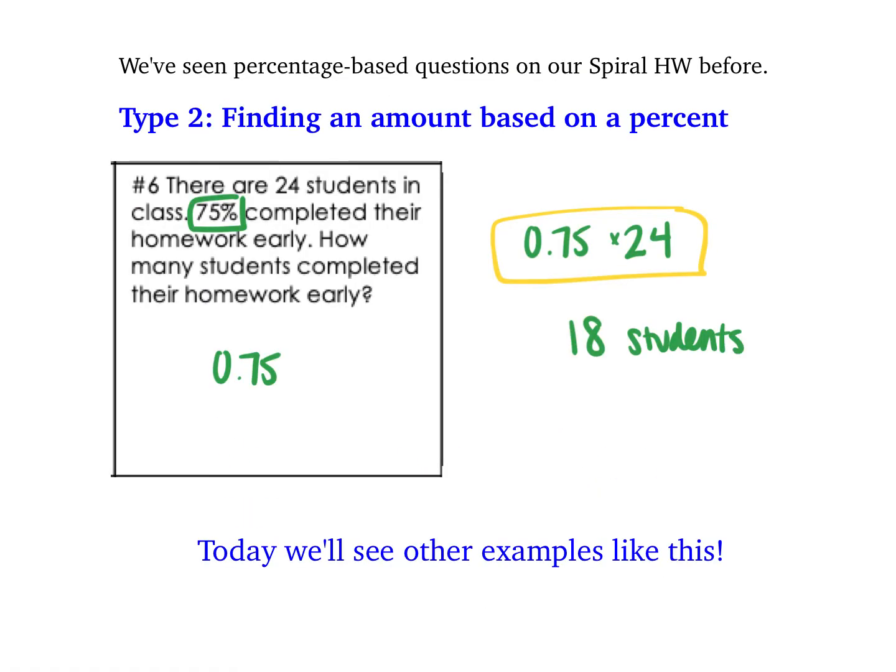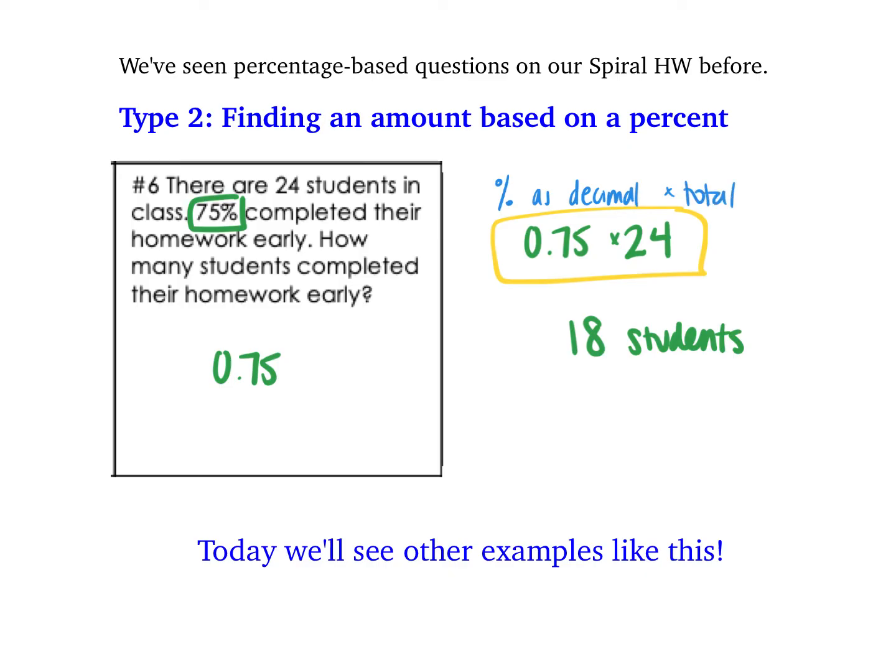So again, the type of calculations that we're going to be doing today are similar to this old spiral question, where that very first step is to take your percentage and move it to its decimal form. So that's why we just had to review that. After that, we then multiplied by the total amount. So again, we're looking at that percent as a decimal and then times the total.